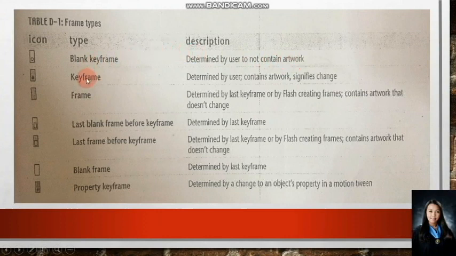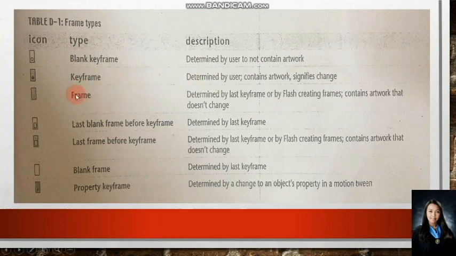Next, keyframes. When you see keyframes, the empty circle has turned into a dark circle, which means it is determined by the users to contain artwork that signifies changes. From blank keyframes, it turns to keyframes, so the circle becomes a dark spot.